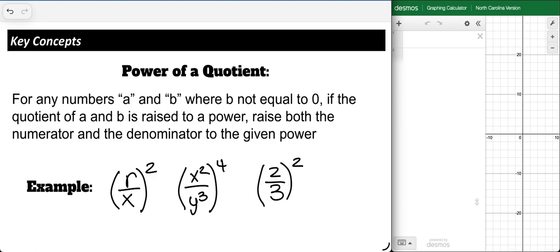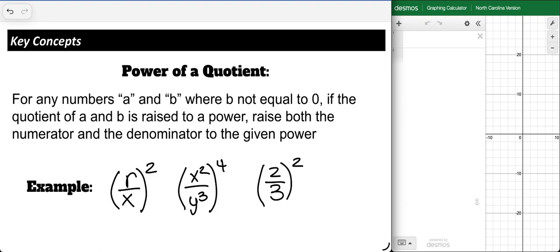So far, we're looking at power of a quotient, power of a product, power of a power, negative exponents, zero exponents, quotient of powers, and product of powers. Now, all these laws are put in play to help simplify the steps that we would have to take in order to evaluate or simplify problems like these.